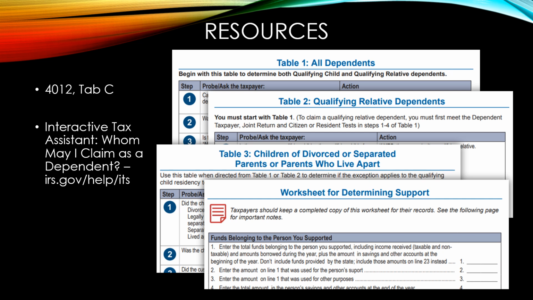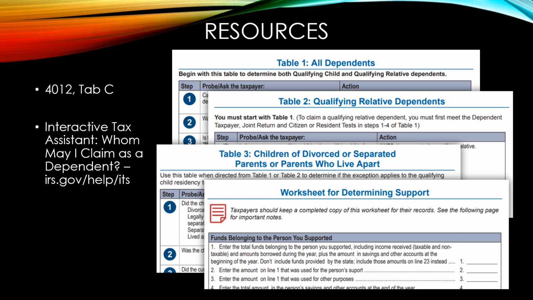And here are some resources to help you in determining whether or not a potential dependent can be claimed by our taxpayer. We have some tables that have some questions, and you run through the flow and the process, and it helps you know whether this person can be claimed by the taxpayer.